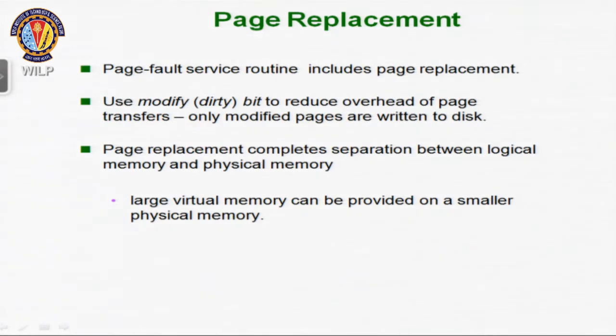So whenever we are talking about page replacement, let us also understand that we have pages of two distinct types. One is a page which is brought into the memory and has never been modified. This mostly occurs with code.